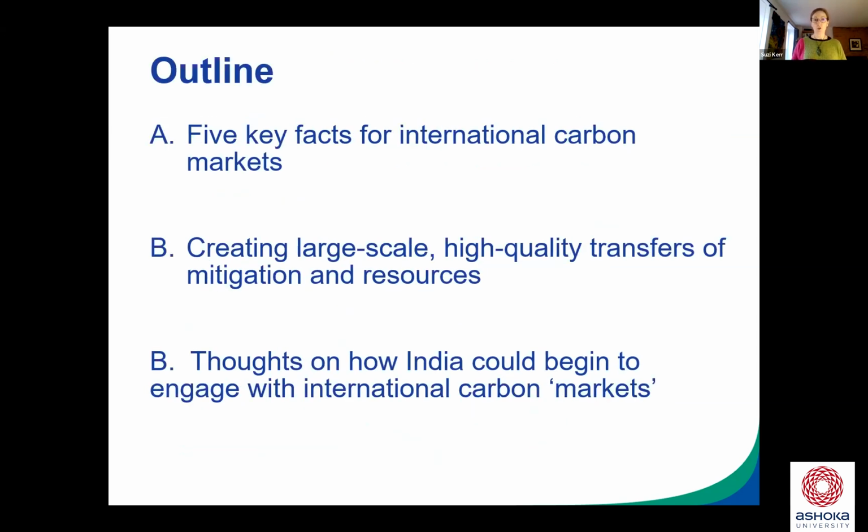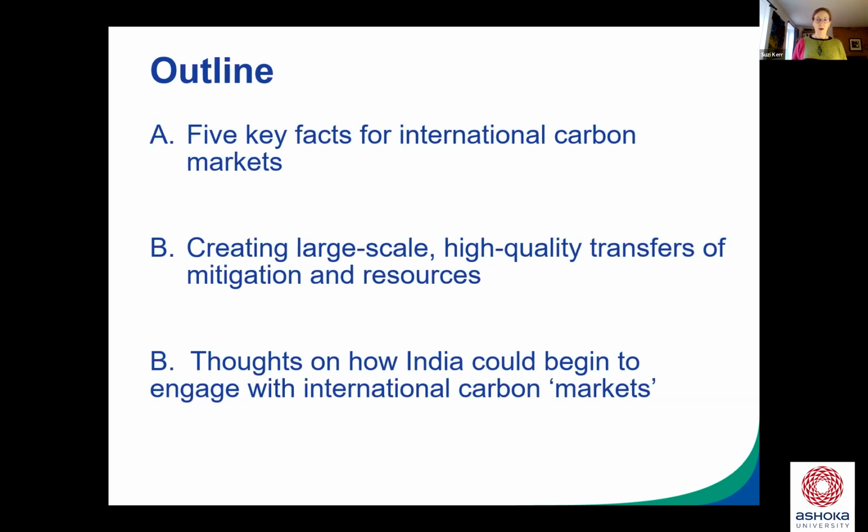So in my talk, I'm going to first start by just laying out a few facts, some of which the others have already touched on, just to set the context of what it is that we're trying to achieve here. Then I'll talk about the specific ideas around how we can create these mechanisms for large-scale, high-quality transfers.